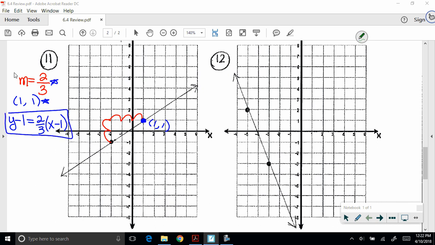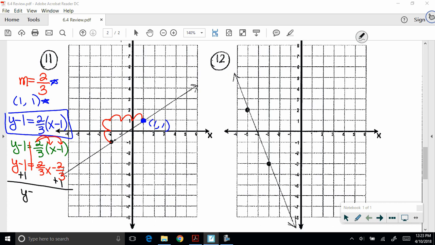And now I'm going to do the slope intercept form answer. I'm going to draw in my wall, and get rid of my parentheses first. 2/3 times x is 2/3 x. 2/3 times -1 is -2/3. Then I'm going to bring down my y minus 1 and my equals, and add 1 to both sides.